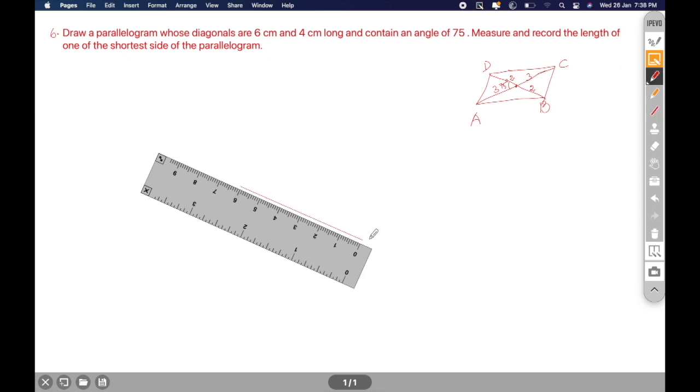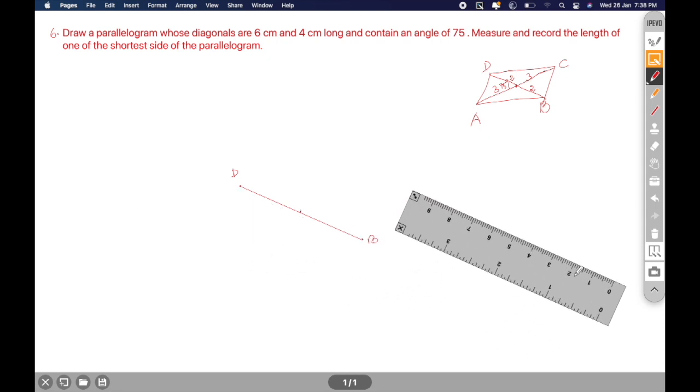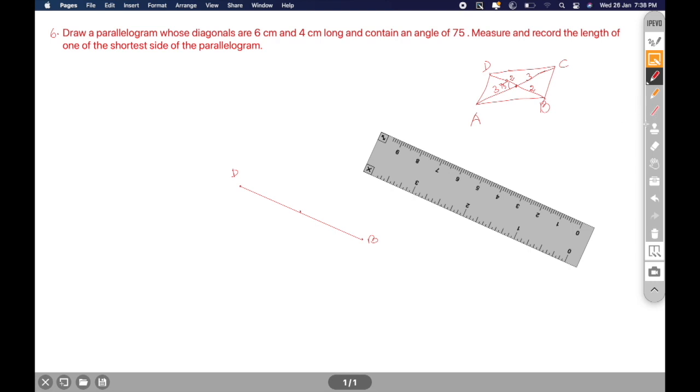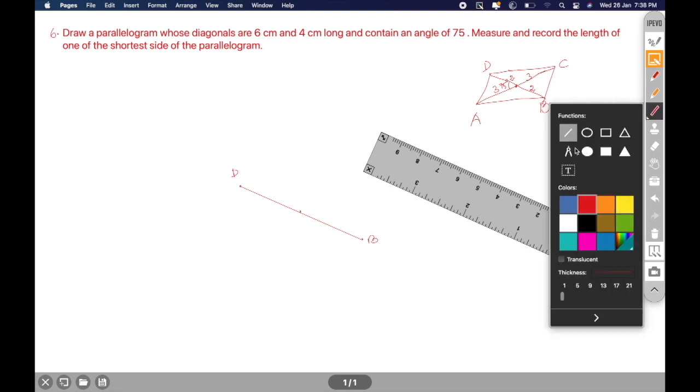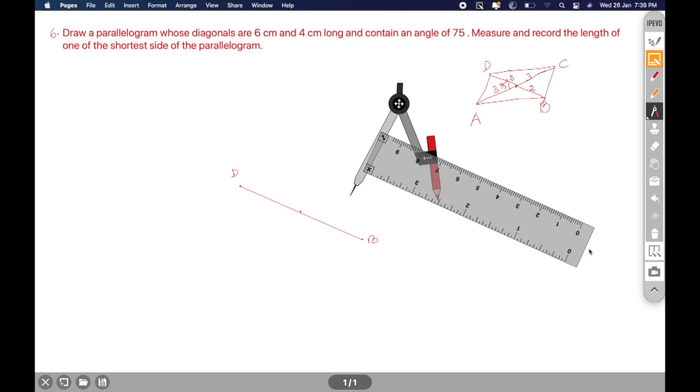So suppose BD is the diagonal of length 6 centimeter and the midpoint is 3 centimeter here. Now using a compass, we have to measure 2 centimeter to draw the other diagonal. But before that, construction of 75 degree is necessary.